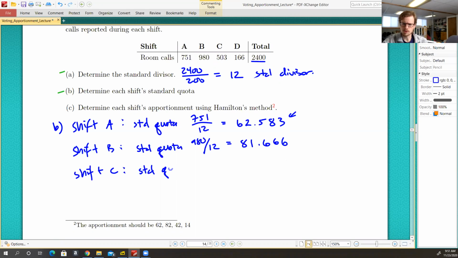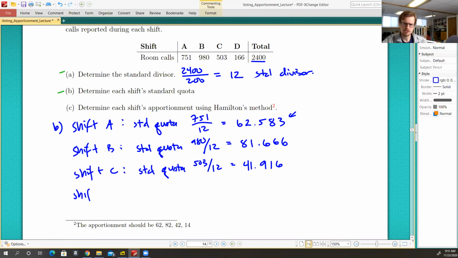Their standard quota is the population, 503, divided by the standard divisor of 12. And that is equal to 41.916.